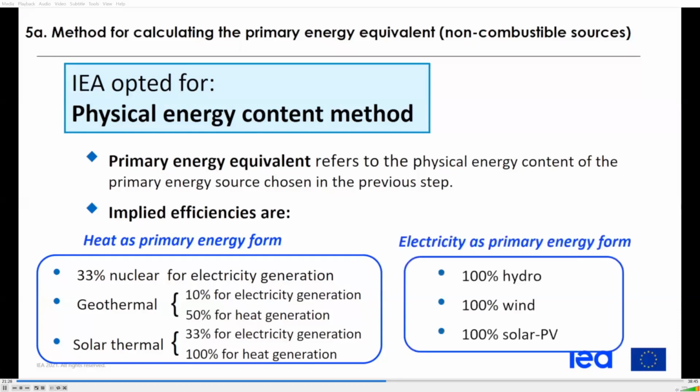In the case of hydro, wind, and solar PV, as electricity is the primary energy form selected, the primary energy equivalent is the physical energy content of the electricity generated in the plant, which amounts to assuming an efficiency of 100%. So when the primary energy form is heat, we have losses.